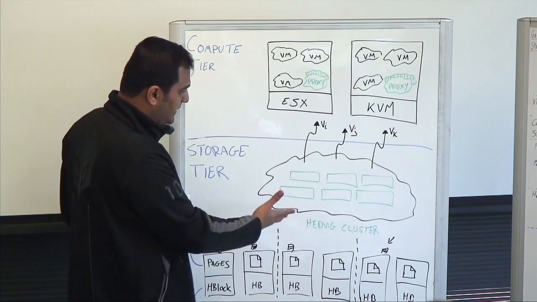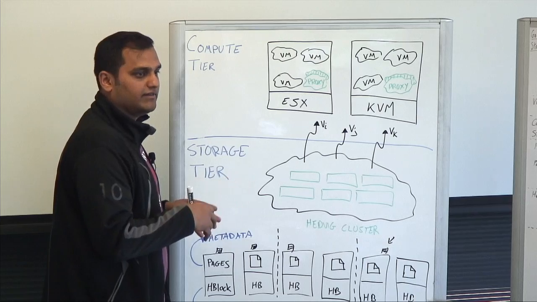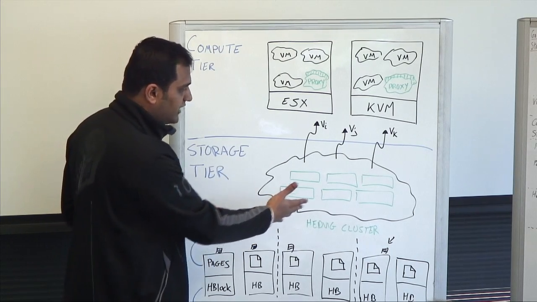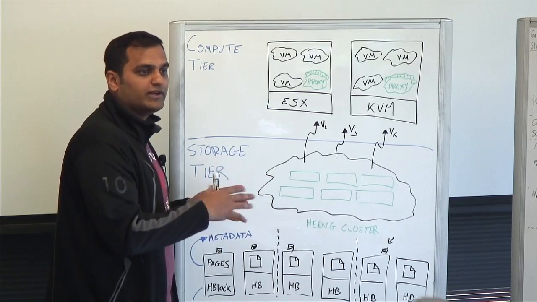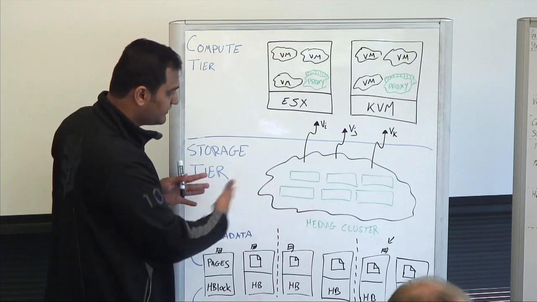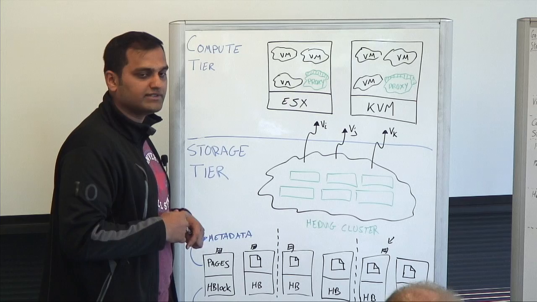The pages process can figure out that this data with this hash value has already been written in the cluster, and so this block gets deduped. So that essentially is how global deduplication works, and I'll go into it a little bit more. This is what allows us to do global deduplication: the fact that the pages process is omniscient in nature.